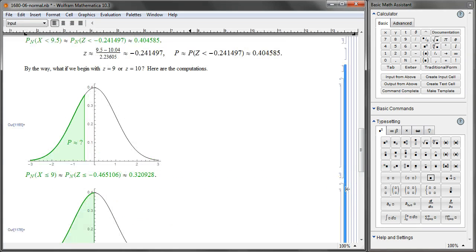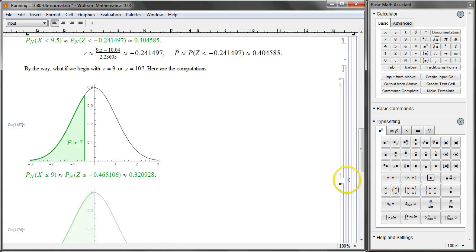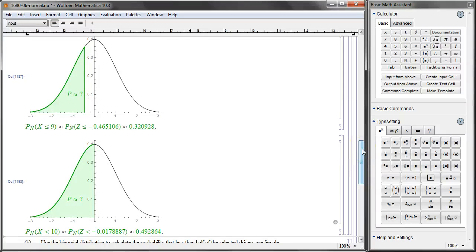Well, if you did that, then here is your computation. If you use x is less than 9, we get a wildly different z-score, and then this kind of computation, 0.32 something. Less than 10, if you use that, then you get 0.49 something.